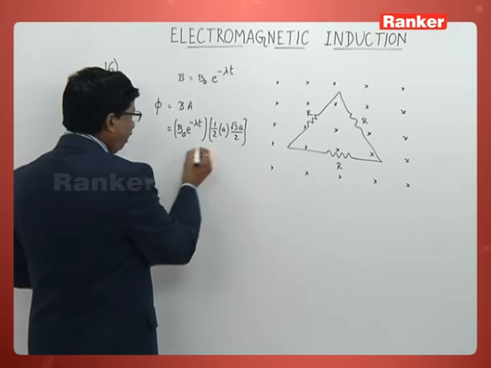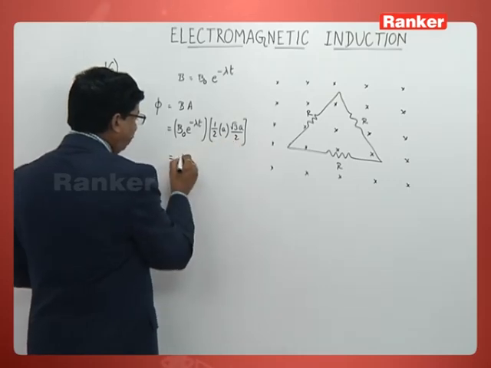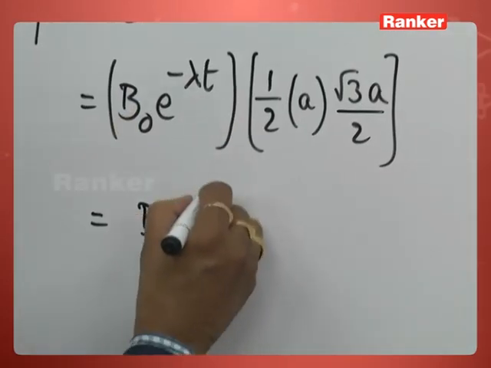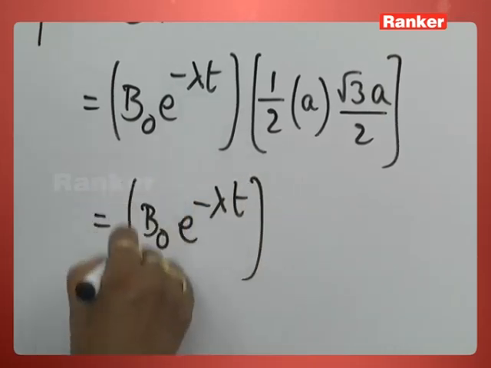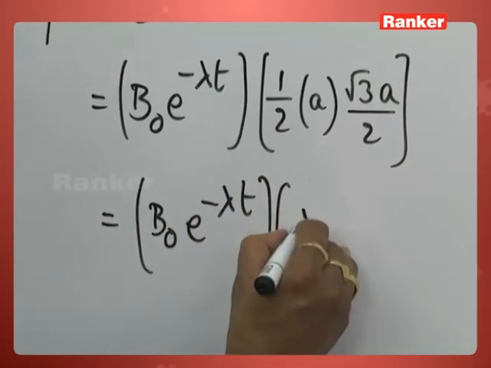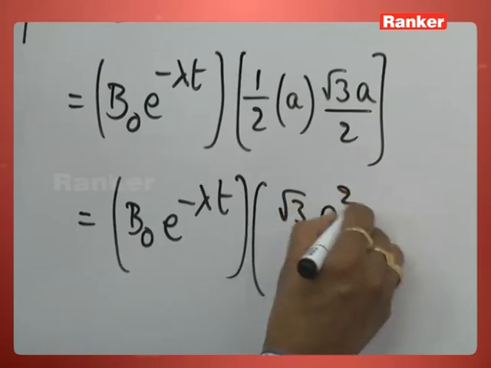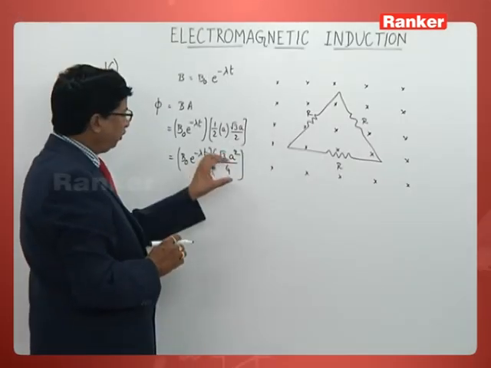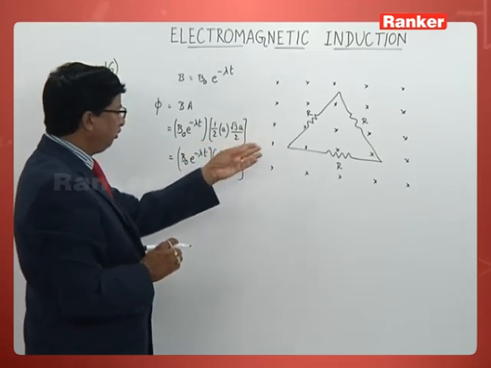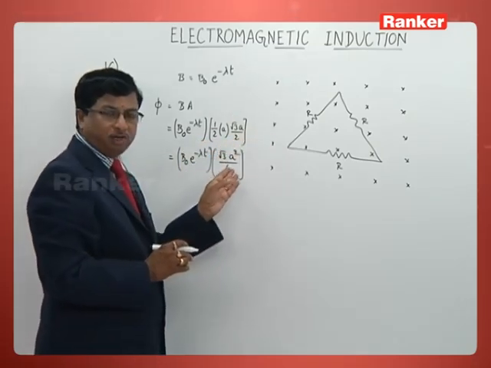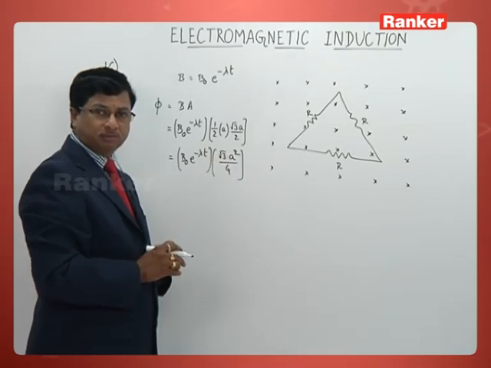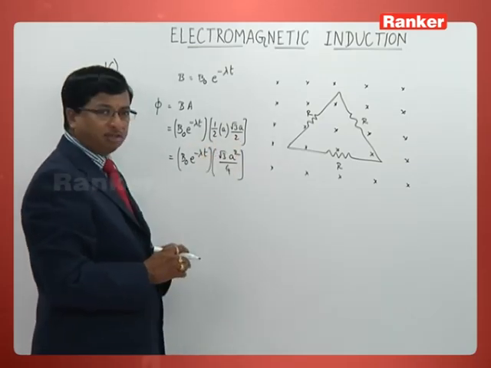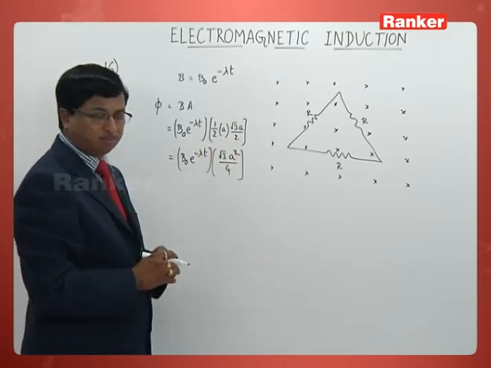This now becomes B naught e power minus lambda t whole multiplied by root 3 a square by 4. If you can directly remember this for an equilateral triangle, the area is root 3 a square by 4, that is fine. Otherwise, at least you can remember it this way, that is also one of the methods.